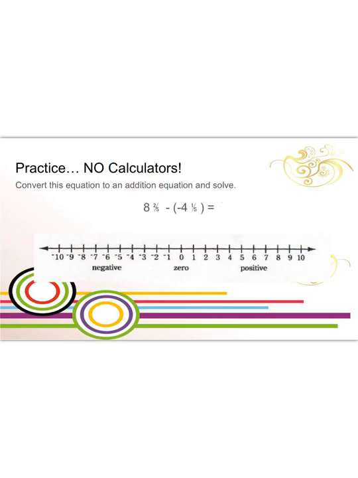Okay, again, no calculator. We're going to change to an addition equation. We're going to use a vector diagram and we're going to solve. All right. I want you to change this into an addition equation. When you have done the keep, change, change, come back to me and check before you use your vector diagram.